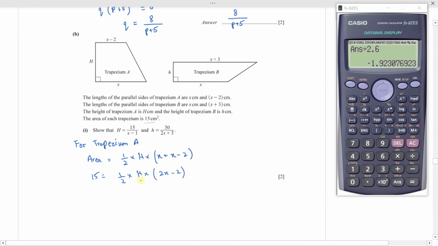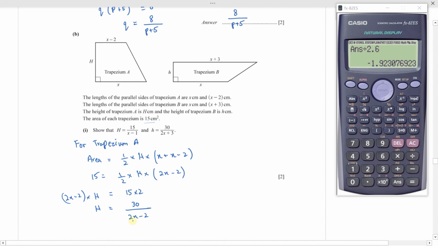And then I will make H the subject of this equation to show that it comes down to this. So if I take this 2 to the other side, it will be multiplied, 15 into 2, and then this 2x minus 2 as it is on this side. And then H will be equal to 30 divided by this 2x minus 2.